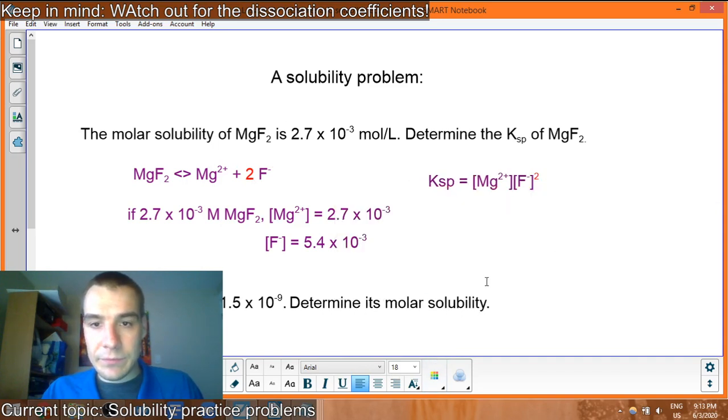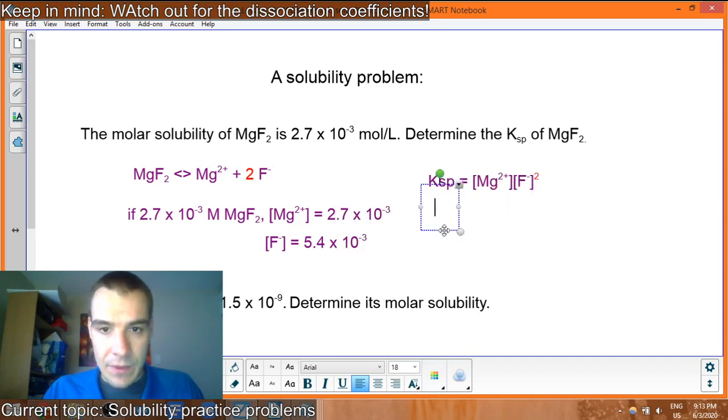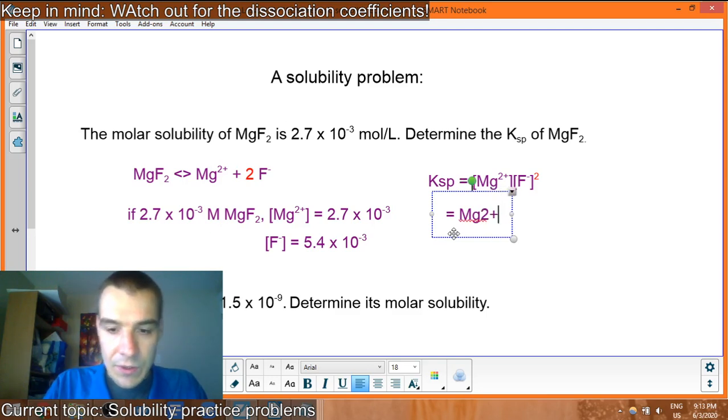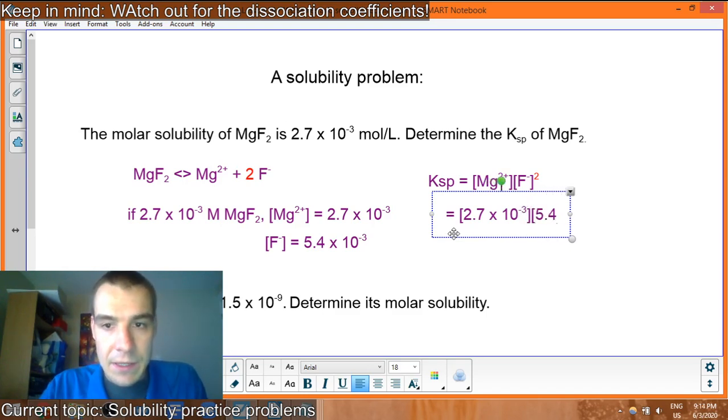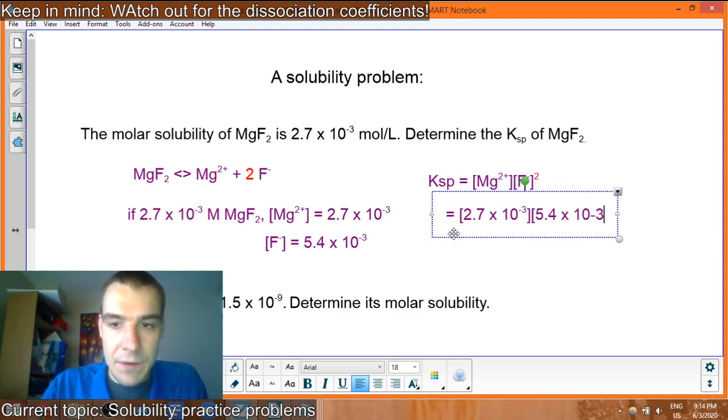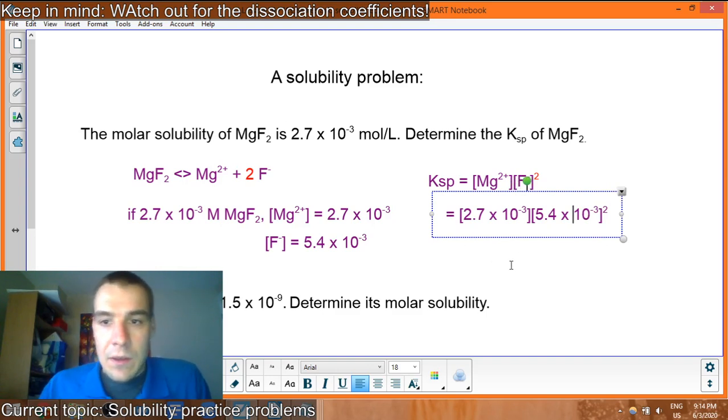So that's going to equal, well, let's actually put the numbers in. 2.7 times 10 to the negative 3 times 5.4, that's the fluorine that we just figured out, times 10 to the negative 3, and that's squared. That one squared, but only that one. It's not both of them squared, just that one squared.